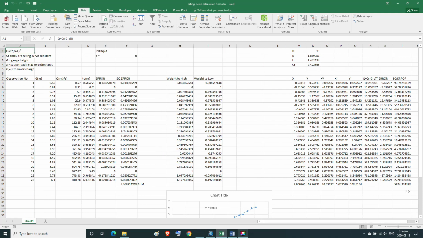Then the square error, or square difference, for the discharge is reduced from 800,1511 to 5974, and the square error for the gauge height is reduced from 6.445 to 1.46, and the R squared coefficient is increased from 0.9659 to 0.9888, as we see.